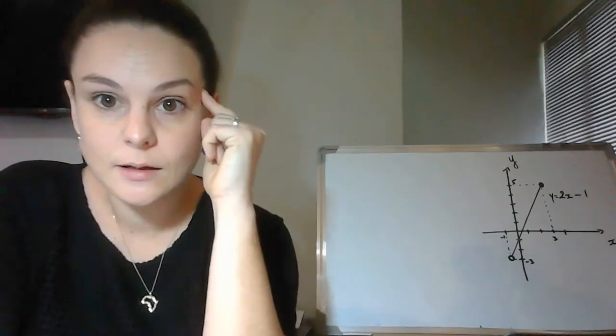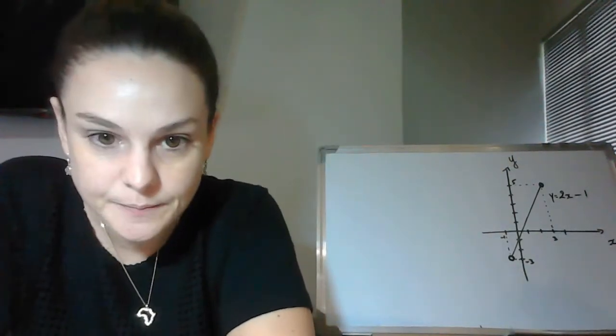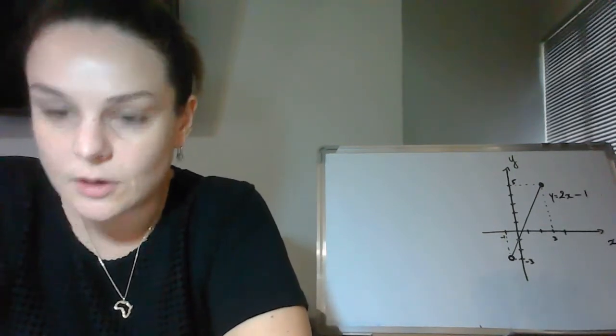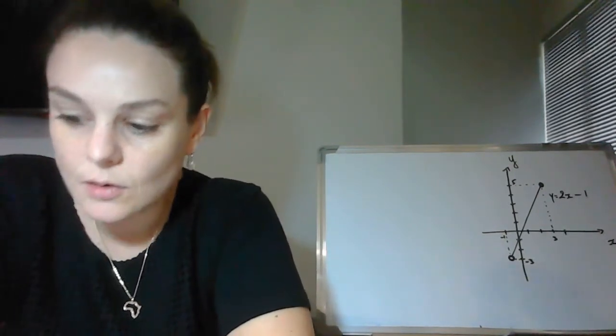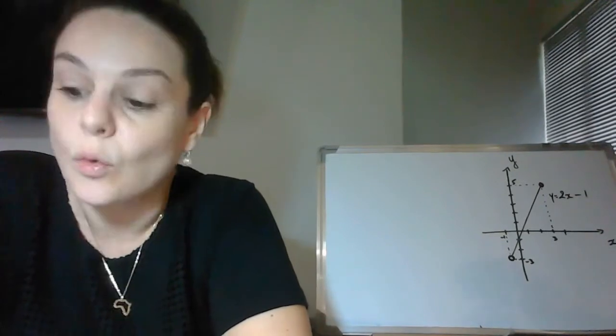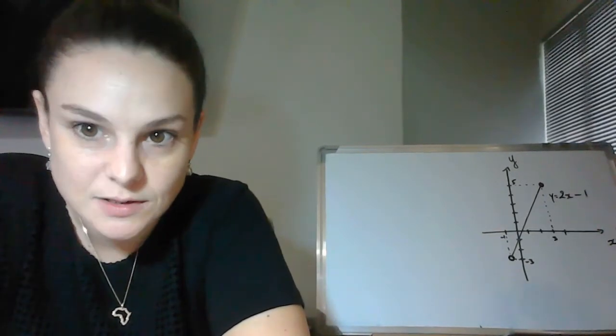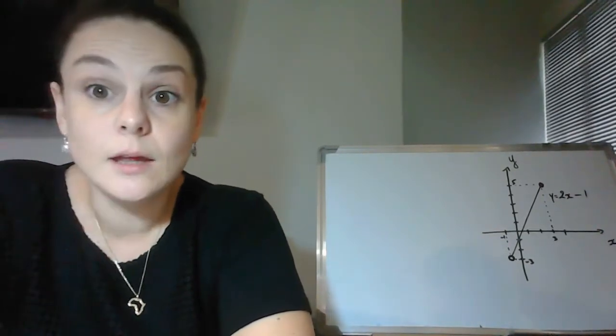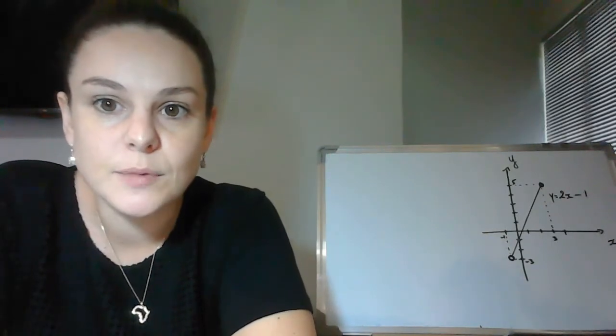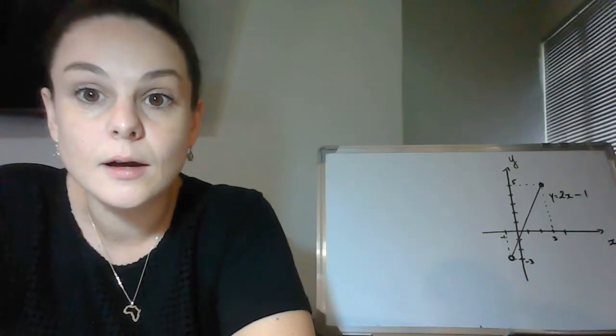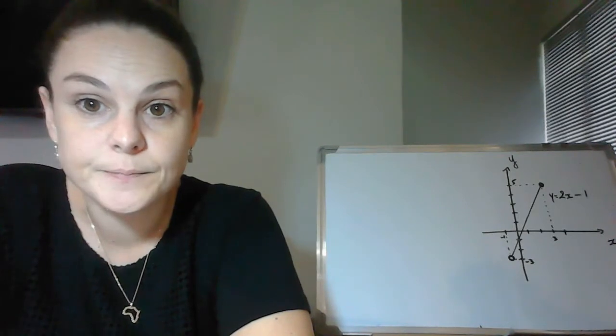So domain, x-axis. The second one is the range. The range is the interval on the y-axis where the function exists, or where it's not undefined or restricted. The range gives the maximum and the minimum value of your equation, of your graph.